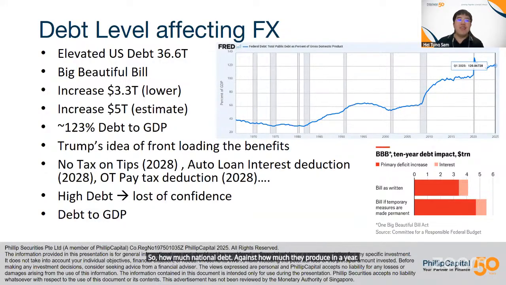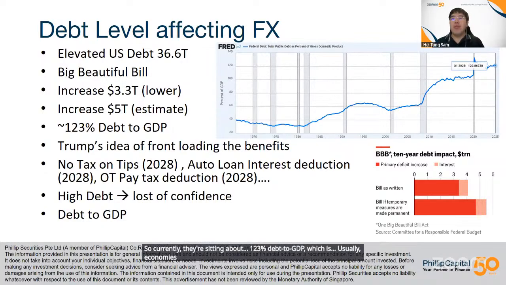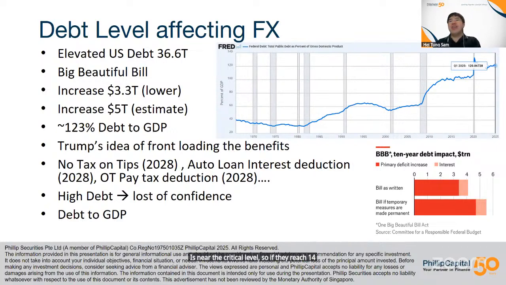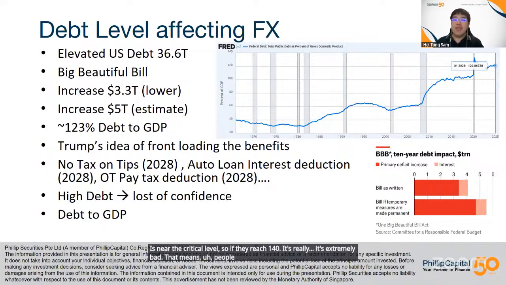Currently they're sitting at about 123% debt to GDP, which economists usually say is near the critical level. If they reach 140, it's extremely bad. That means people will start to lose confidence in the US ability to service their debt.